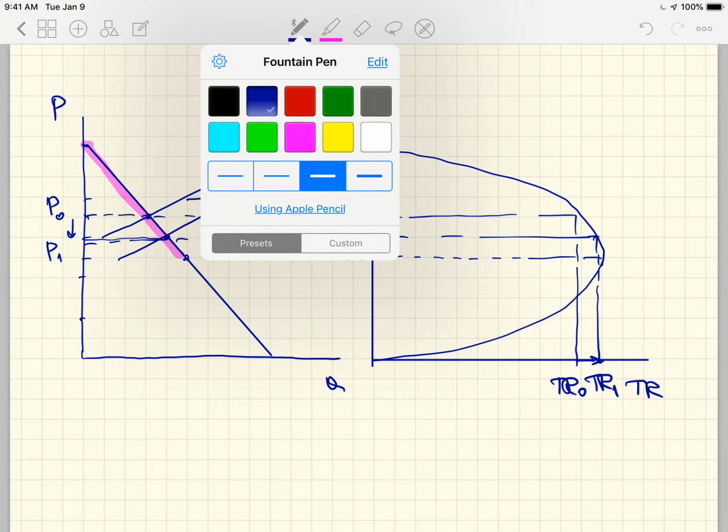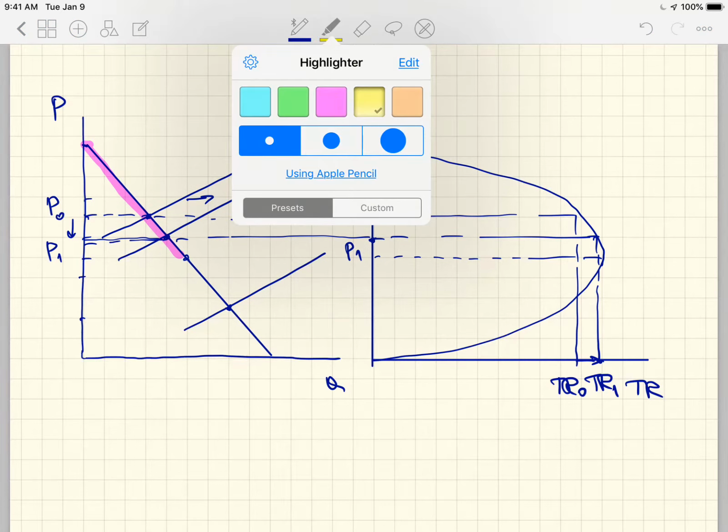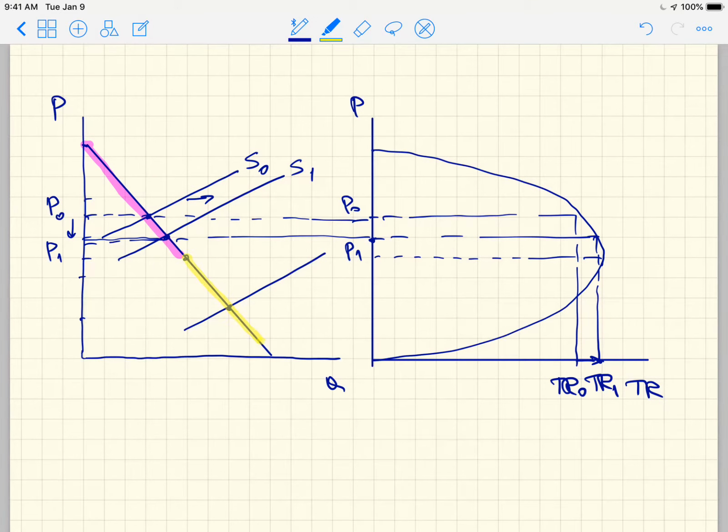Interestingly enough, if we had an increase in supply starting from a different equilibrium, basically starting from an equilibrium at the lower half of our demand curve, where demand is inelastic, then an increase in supply will again result in a decrease in price, but that decrease in price, as we know, would cause a decrease in total revenue.